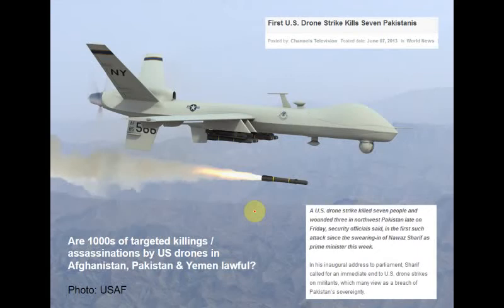Particularly when you see the instances where people at a wedding are blown up and 50 people are killed, including children, and everyone says it was just a wedding, and the US says, oh, they were terrorists. You can see the amount of angst it would cause. If it happened here, it would be outrageous, but because it's not happening in our country, we acquiesce to it. Anyway, that's an aside.